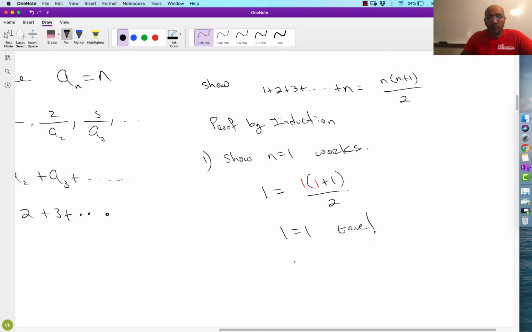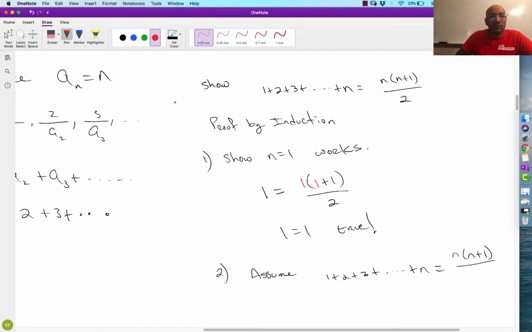It works. Then next in the proof by induction process is to assume it works for n. Let's change it a little bit.